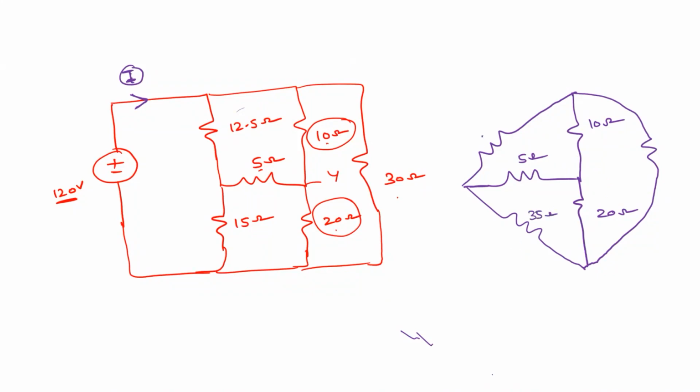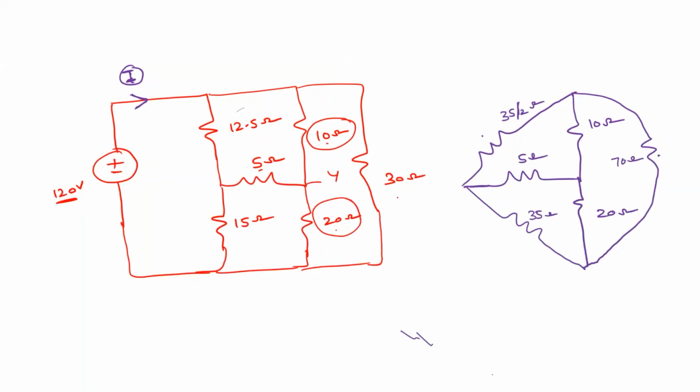And what is this value? 35 by 2, 17.5 ohm. And this value? 70. Okay.